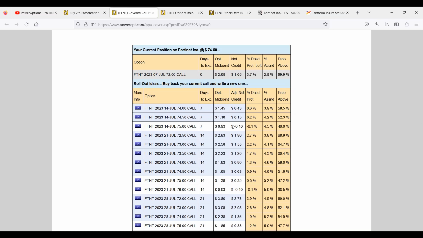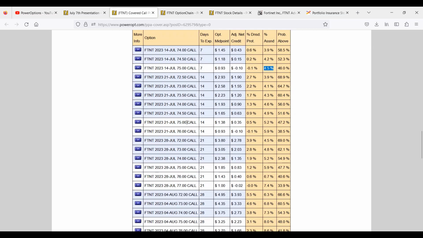But that's a total debit on the position of 10 cents. Take in 165, pay back 268. So we're down that 103. We only got 93 cents back. If assigned at 75, this would give us a 4.5% return, however, compared to the 2.8%. Another 1.7% gain in return for 7 days. That's pretty decent and pretty reasonable if my expectation the stock's still going to continue up.